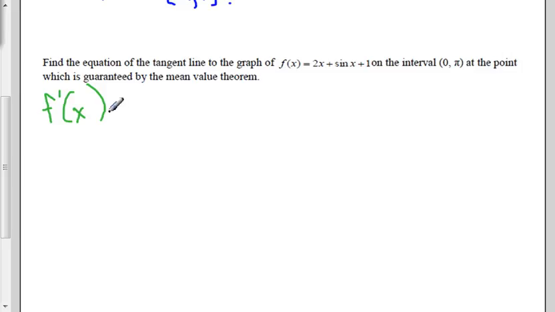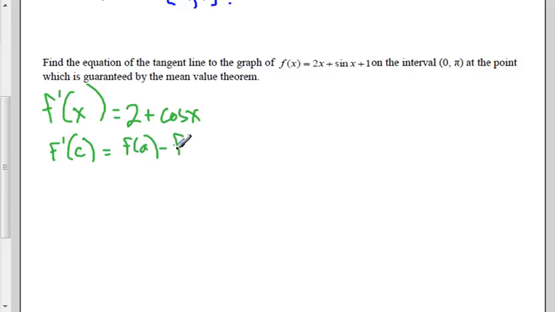The first thing I want to do is take the derivative. The derivative of 2x is 2, the derivative of sine is cosine, the derivative of 1 is 0. Now I know f prime of c, and I'm going to set this equal to f of a minus f of b all over a minus b, where a and b are the interval from 0 to pi.